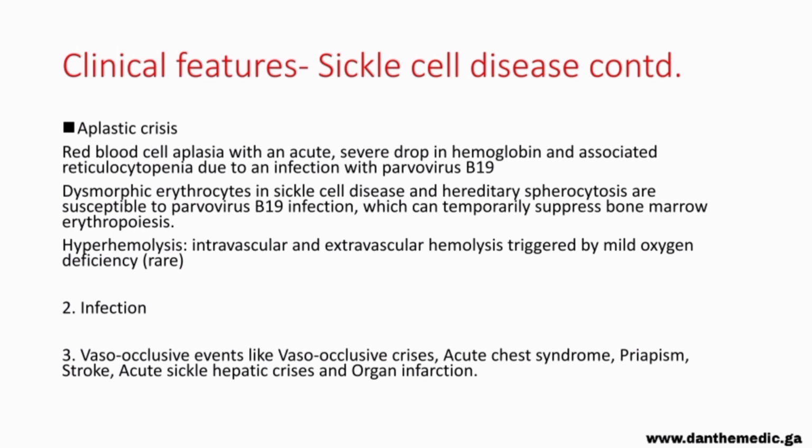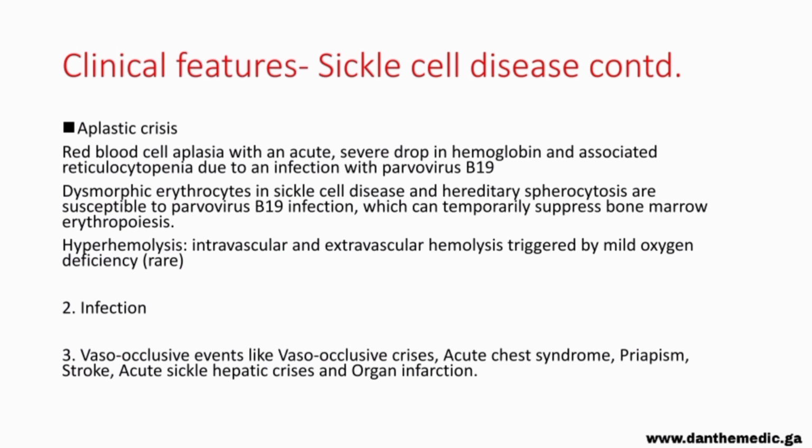And as for the aplastic crisis, we have red blood cell aplasia with an acute severe drop in hemoglobin and associated reticulocytopenia due to an infection with parvovirus B19. Dysmorphic erythrocytes in sickle cell disease and hereditary spherocytosis are susceptible to parvovirus B19 infection, and this can temporarily suppress bone marrow erythropoiesis.